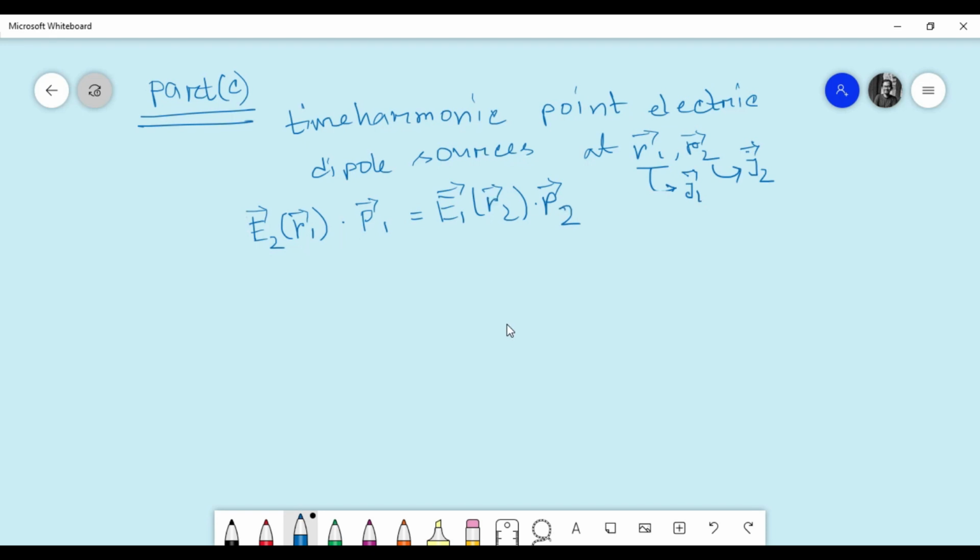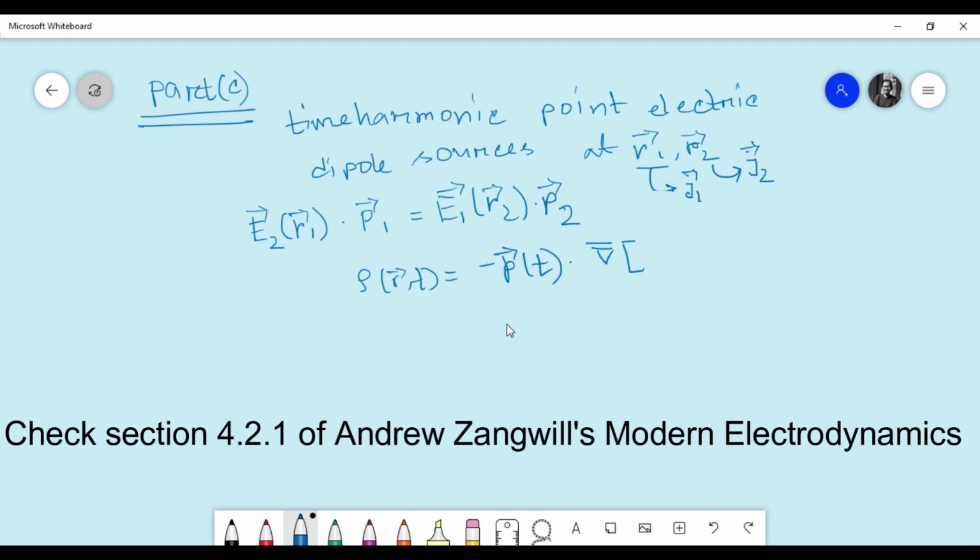For point electric dipole sources, the charge density can be written in this way. I'm not going to prove it here, but you can check Andrew Zangwill's book Modern Electrodynamics for the proof. You can see on the screen the section number for this proof.